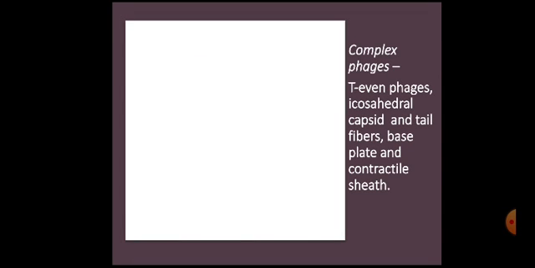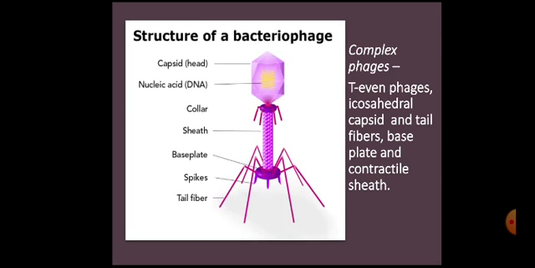There are certain viruses which are called complex viruses. Examples are bacteriophages. Bacteriophages means viruses of bacteria. So the example here we are going to see is T even phage, which has an icosahedral capsid and tail fibers, base plate and contractile sheath.